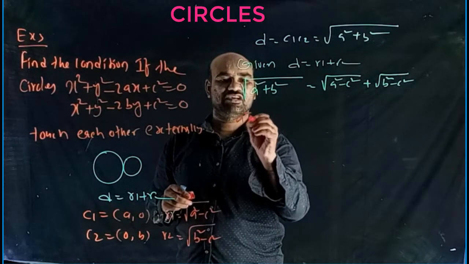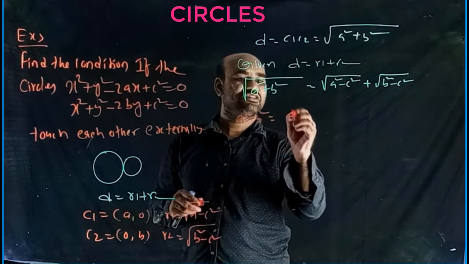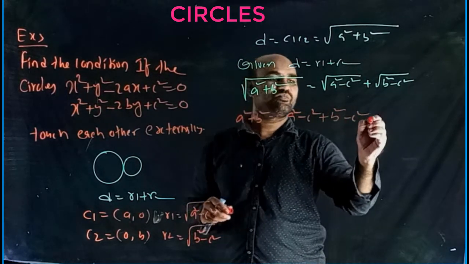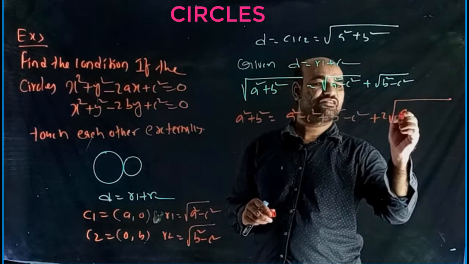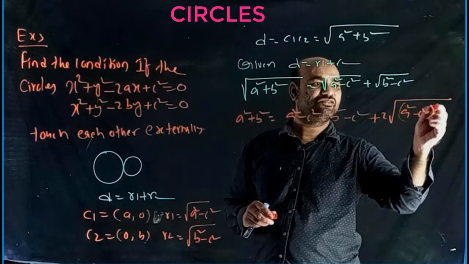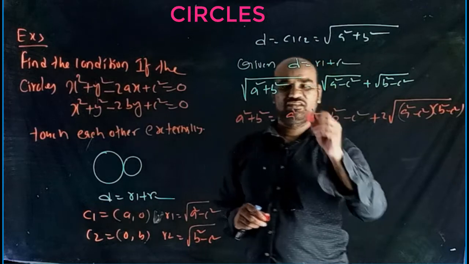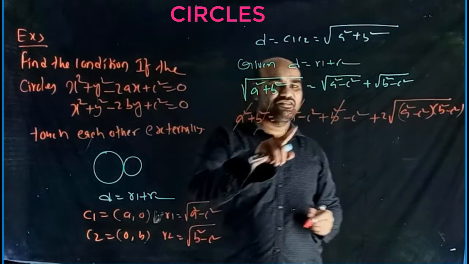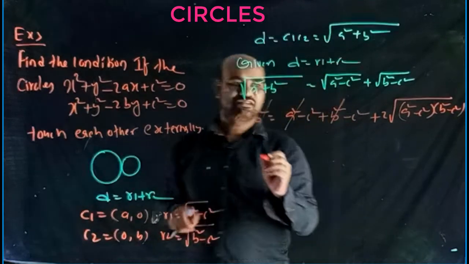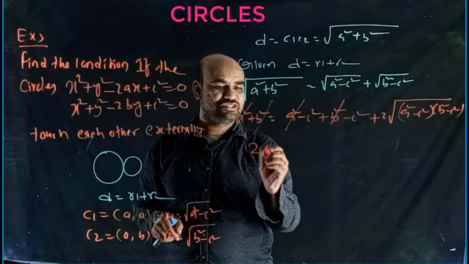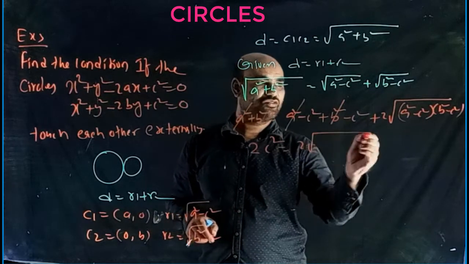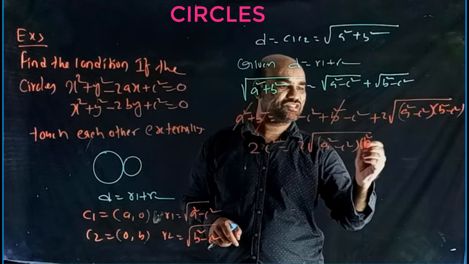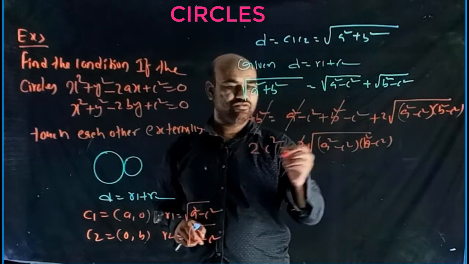Squaring, A square plus B square equal to A square minus C square plus B square minus C square plus 2 root over (A square minus C square) into (B square minus C square). Here this A square gets cancelled, this B square gets cancelled. Minus C square minus C square is minus 2C square. Transferring to the left hand side, 2C square equal to 2 into root over (A square minus C square) into (B square minus C square). Here 2 also gets cancelled.